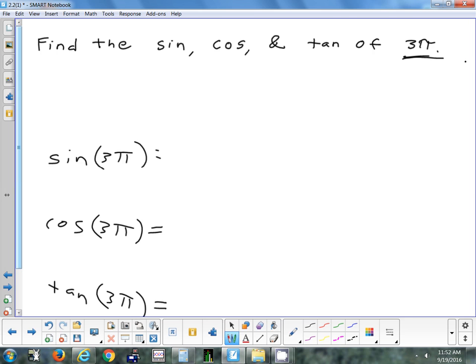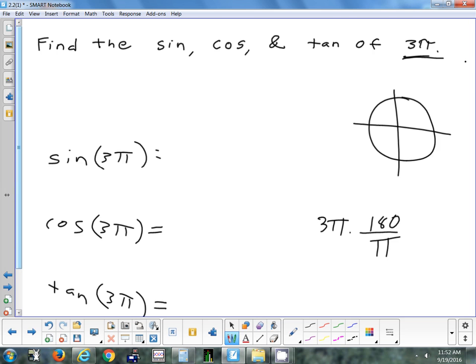So if you are not sure where that would be on this circle, change it to something you're more familiar with. Change it to degrees. John, can you remind me again how you changed it to degrees? 3 times 180. Right. So you multiply by 180, divide by pi. Pi's cancel.